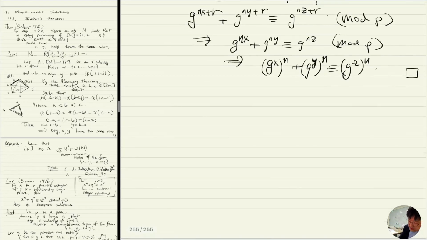Now, here is a generalization of Schur's theorem by Rado, who was a student of Schur. It's only a slight generalization, so let me just state it and you can easily see.